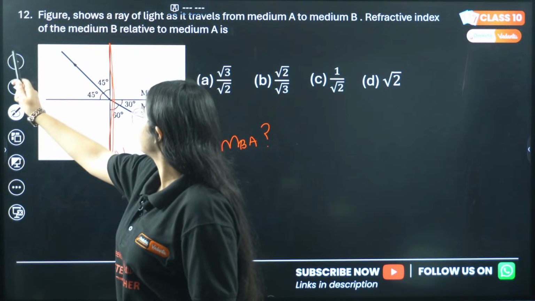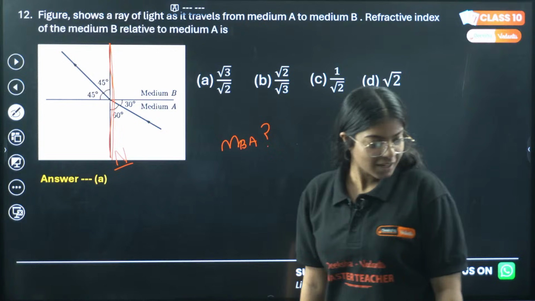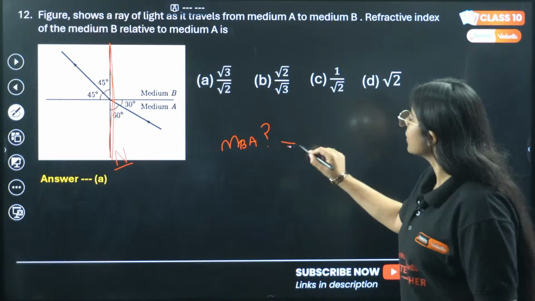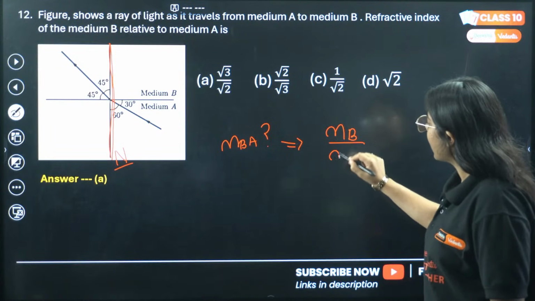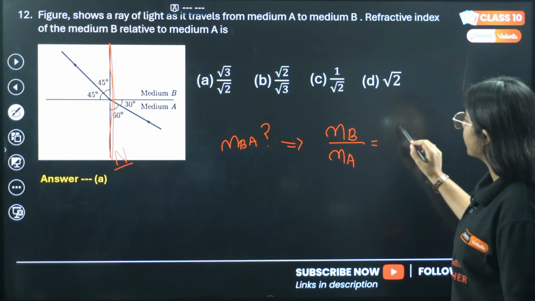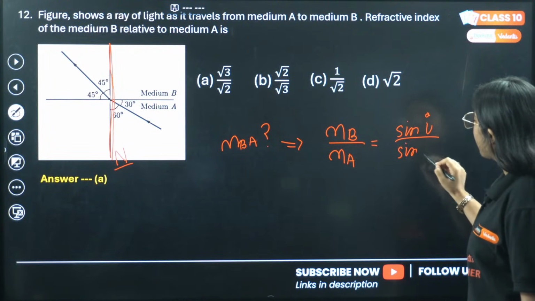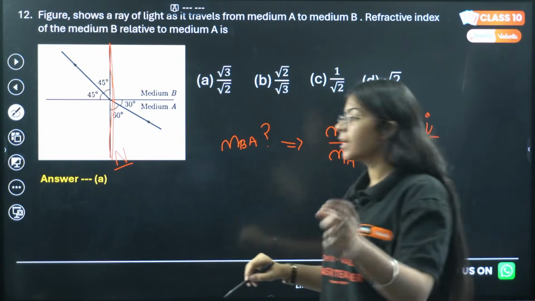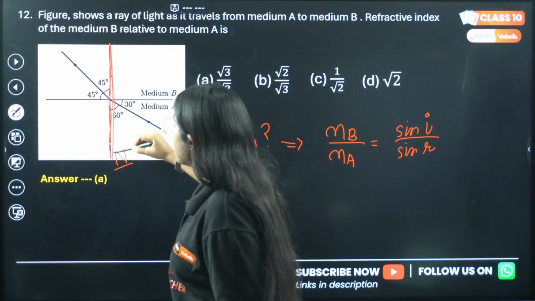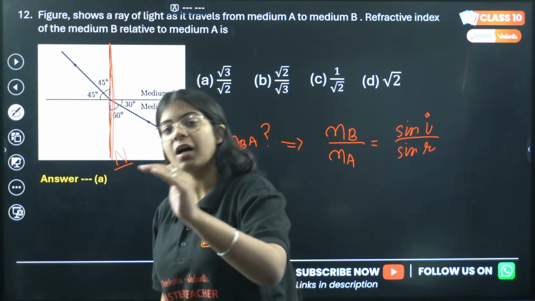The answer is A. All of you are correct. You guys are really doing very great. How will we do this? This will be NB divided by NA, which will be sin I divided by sin R. Now the main trick here is which is I and which is R. If I told you this is the normal, the angle of incidence and angle of refraction are the ones we make with the normal.